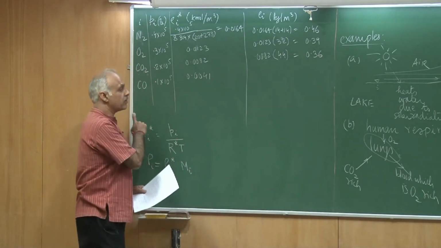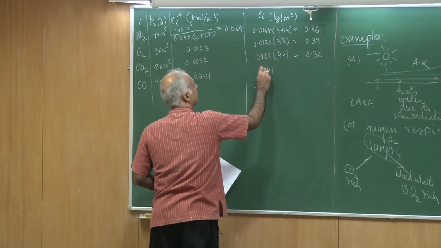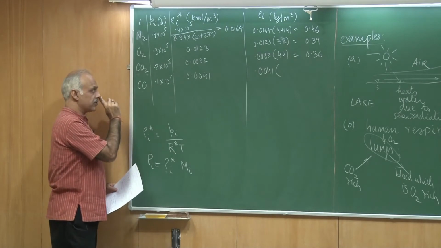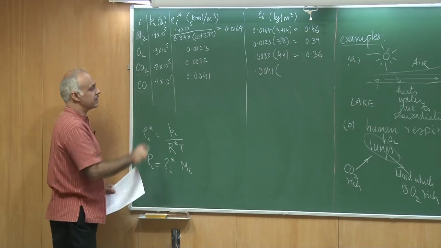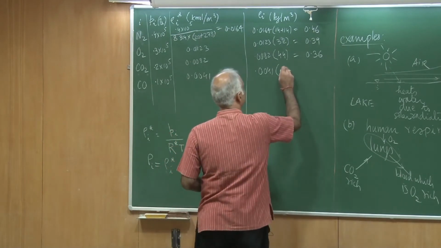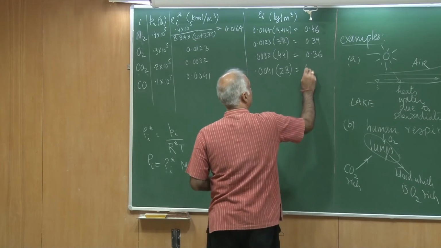Likewise for carbon monoxide, it would be 0.0041 times the molecular weight for carbon monoxide, which is 12 plus 16 actually, so that would be 28, and this would be 0.11.